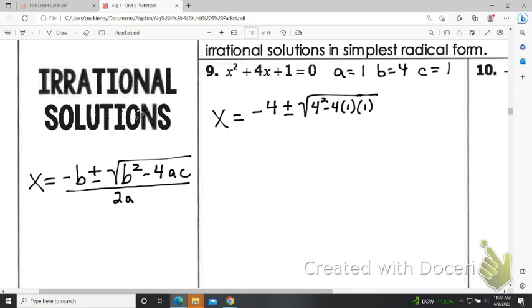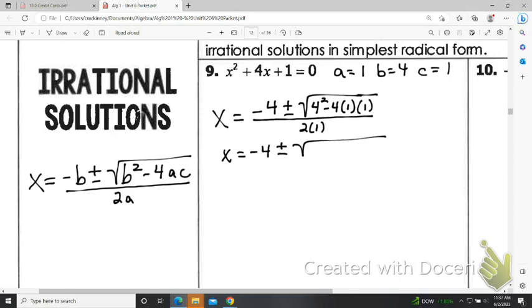There we go. I had myself thrown off with all those ones. Lots of 4s and 1s there. And then 2 times 1. So negative 4 plus or minus.